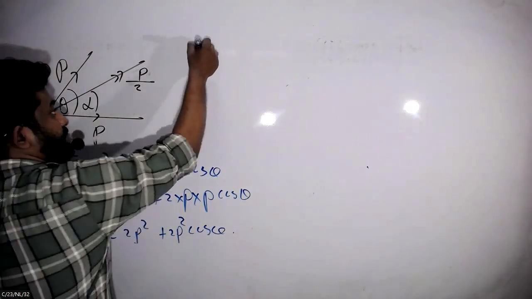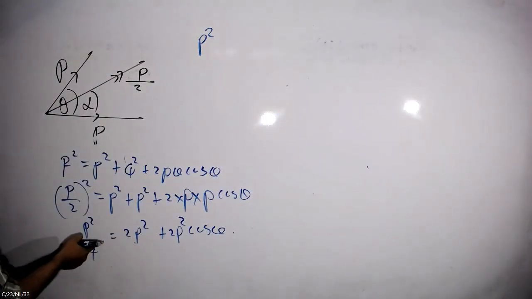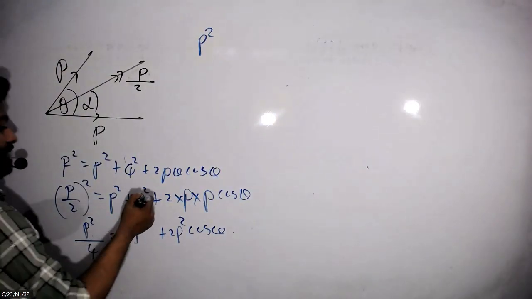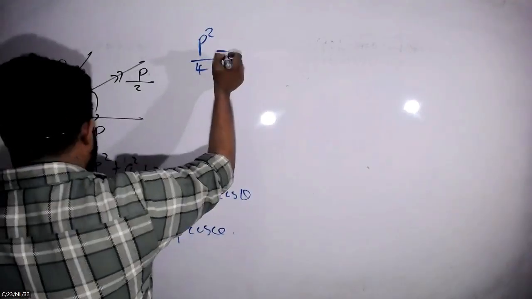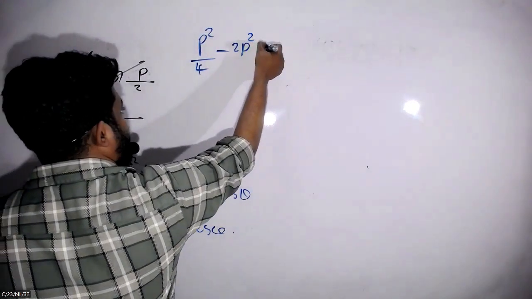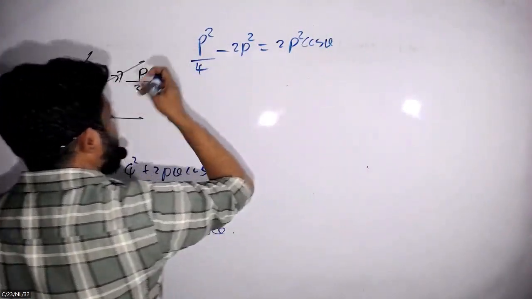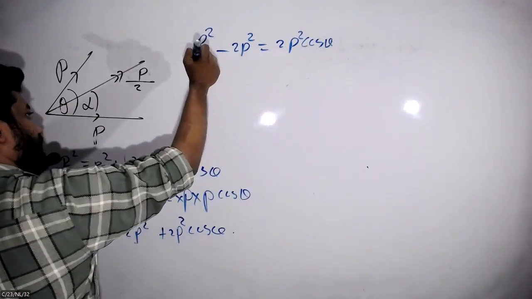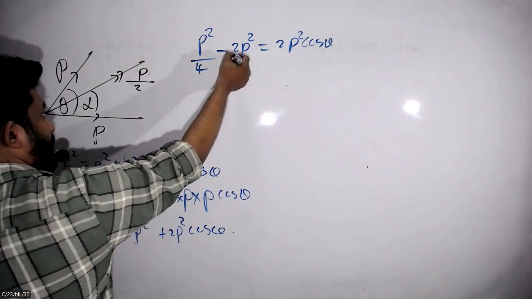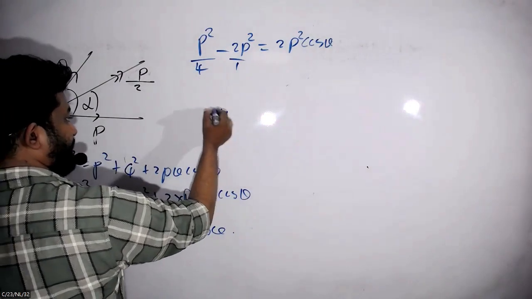Then you can bring this term from here to here to simplify the answer. Minus 2P squared is equal to 2P squared cos theta. Then you need to consider a common denominator here.